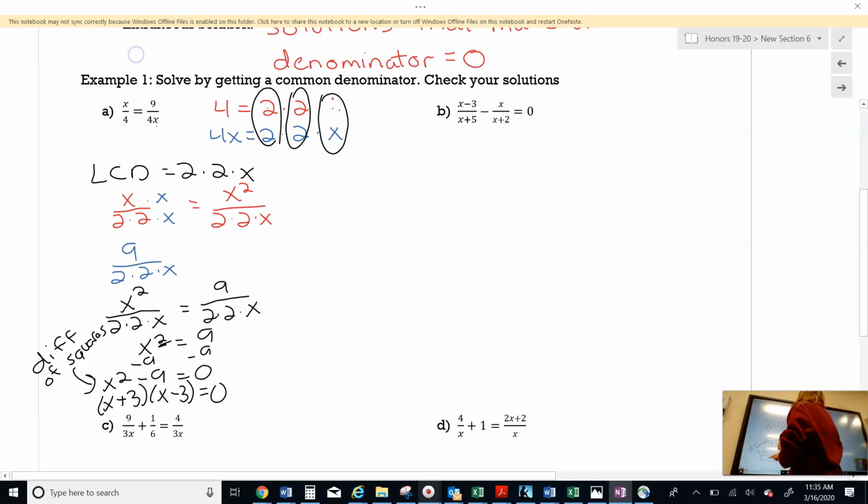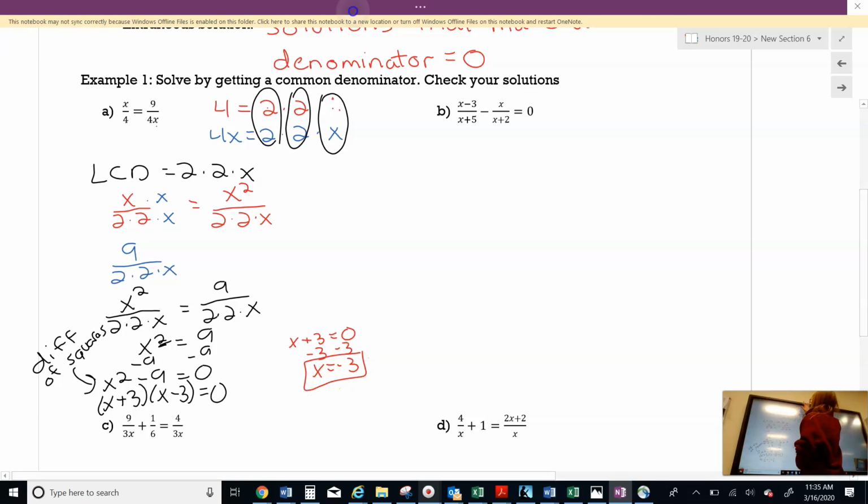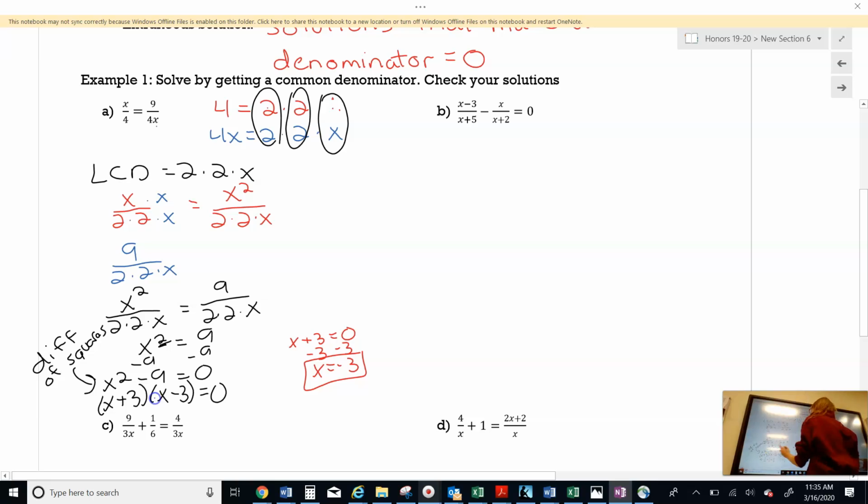I'm going to solve these two things separately. I have x plus 3 equals 0, so x equals negative 3. And then I have x minus 3 equals 0, and we get x equals 3.